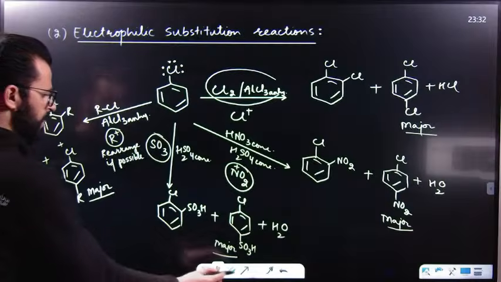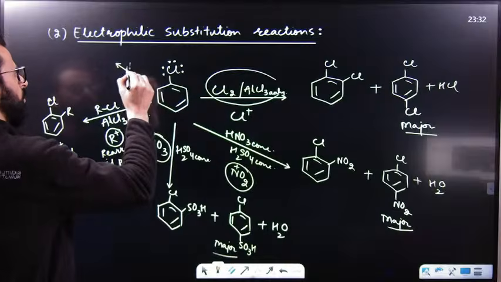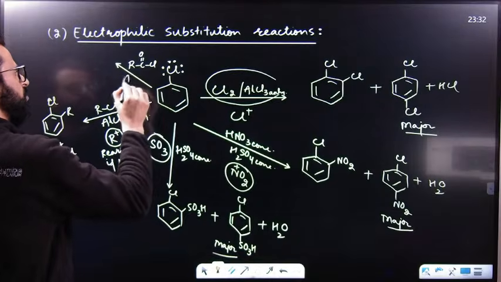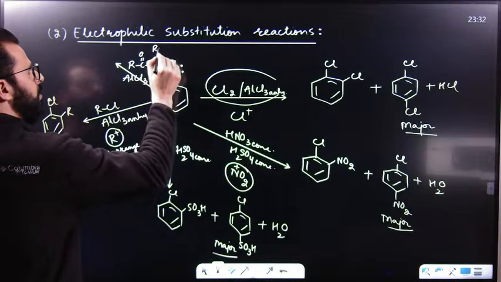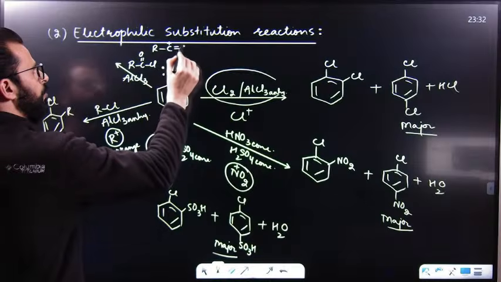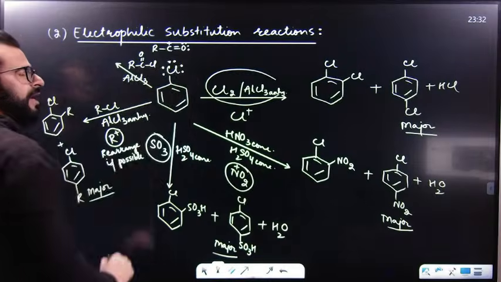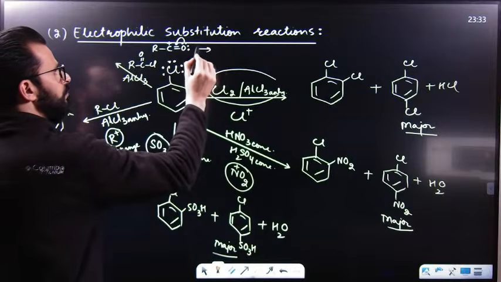After that, another reaction is the reaction of acid chloride in presence of AlCl3. Remember here the electrophile will be RC positive double bond O, but there will be no rearrangement as this acylium ion can undergo back bonding.